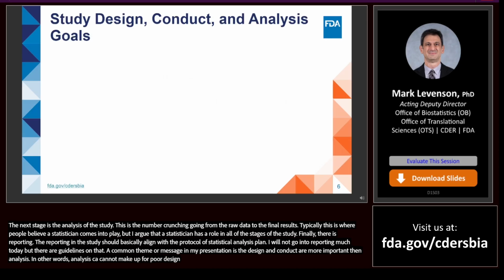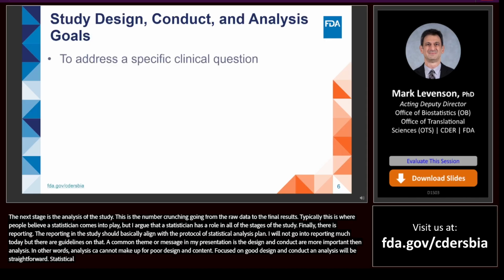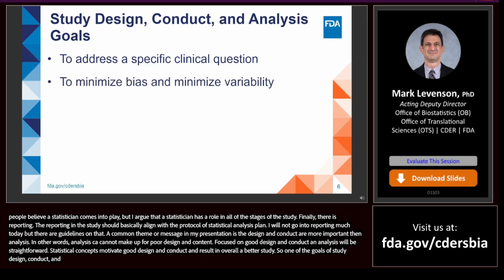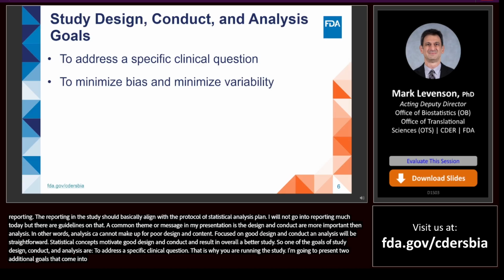So what are the goals of study design, conduct, and analysis? The first goal is very clear. You're trying to address a specific clinical question. That's why you're running the study. I'm going to present two additional goals that come into play as you choose design and conduct decisions. The first one is to minimize bias and minimize variability. I'm going to spend a lot of time on what that means, both for bias and variability.